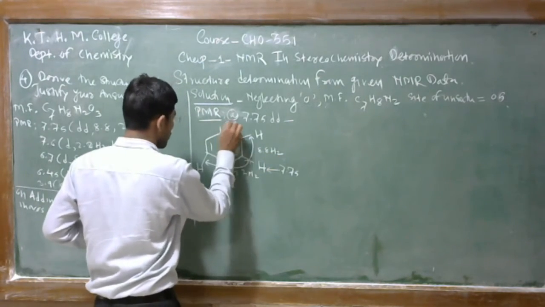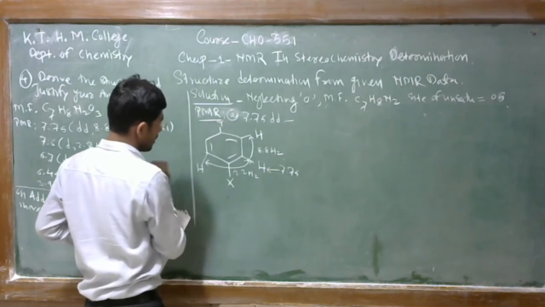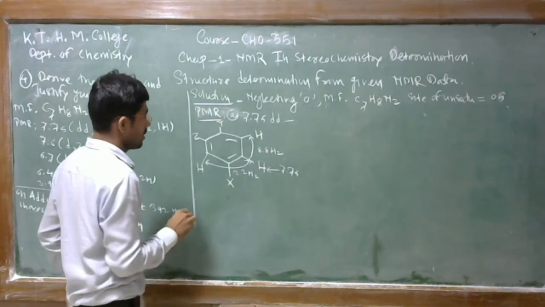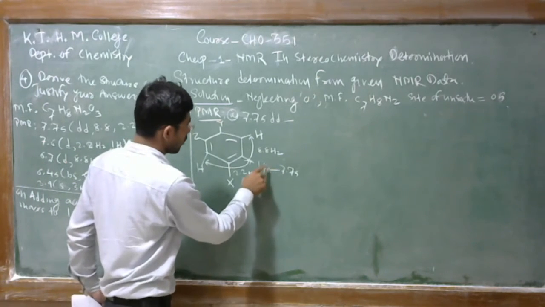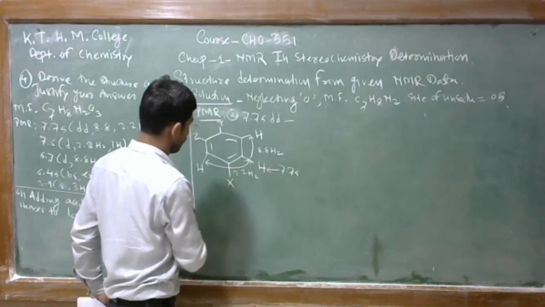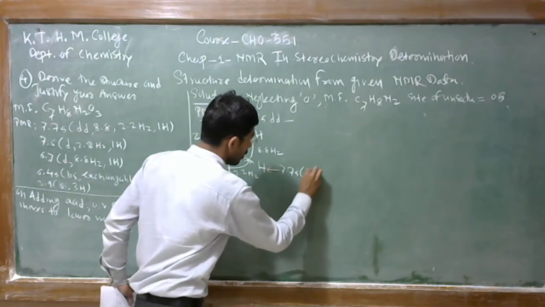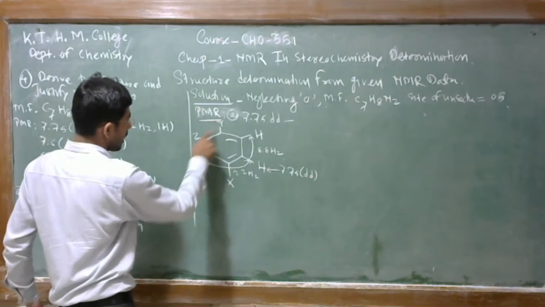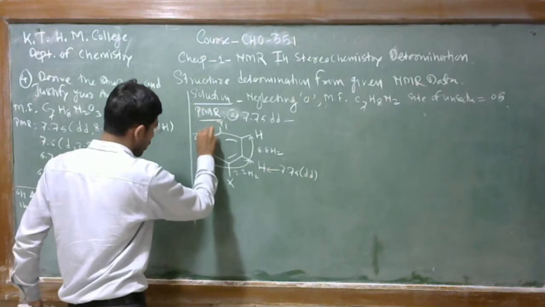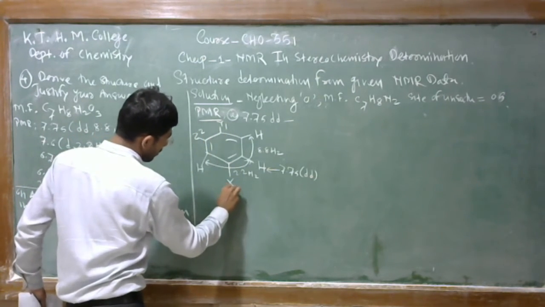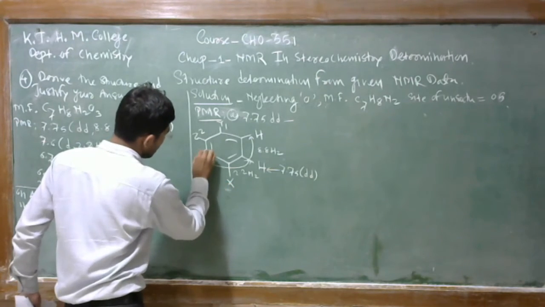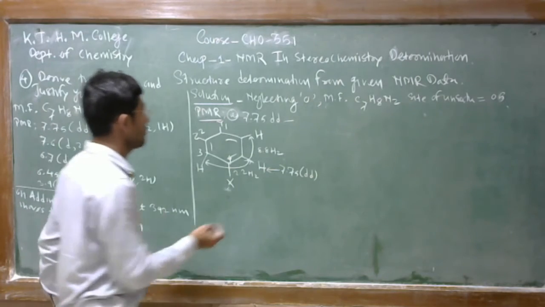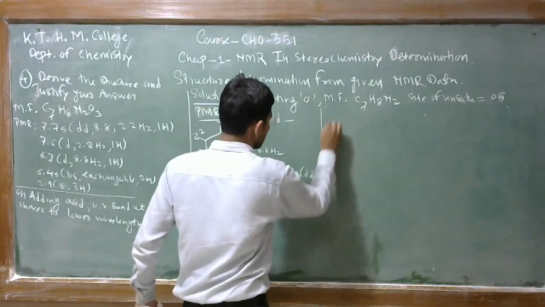Also here any group is present, X, Y, and here also Z. So this proton shows 7.75, 8.8 and 2.2, doublet of doublet. So X, Y and Z, this indicates 1, 2 and 4, so a trisubstitution pattern may be present from the first signal.